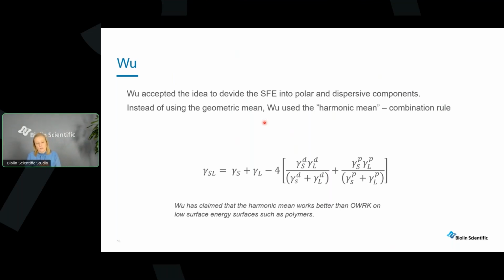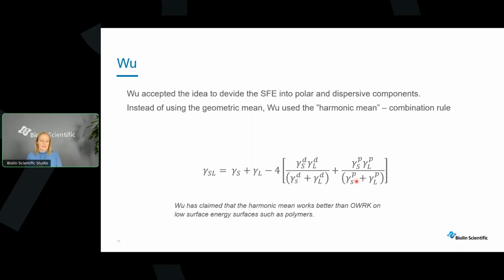So there are polar and dispersive components involved, but instead of using this geometric mean model, Wu uses a harmonic mean model as a combination rule, which then leads to a slightly different looking, and in my mind a little bit more complex looking, equation.